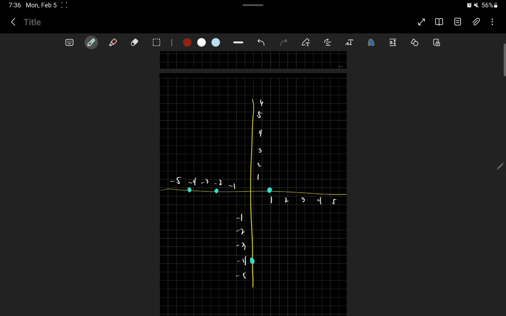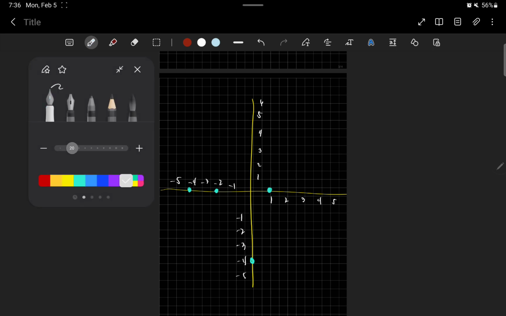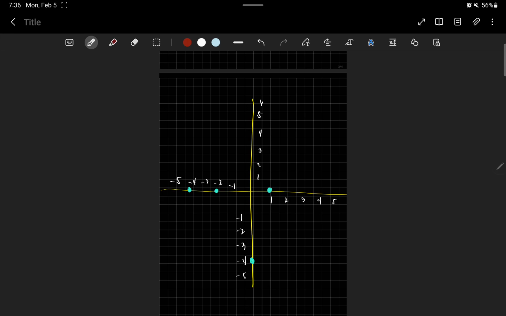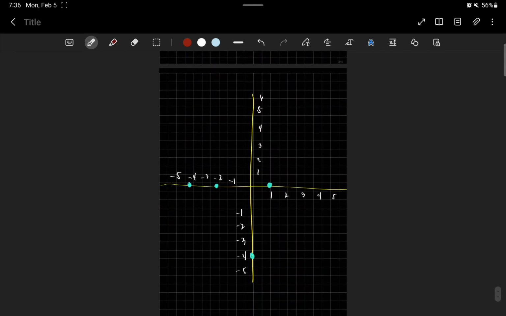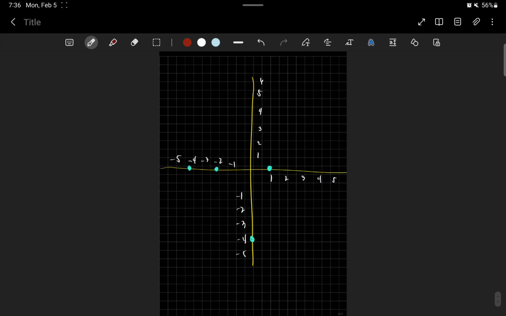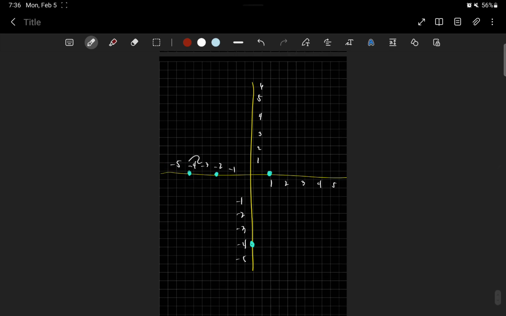Okay? So for our step 4, what are our companions here? These are the points on the right side, in between, and on the left side. Baliktad pala. It should be on the left, in between, and on the right side. So for -4, what is on its left side?